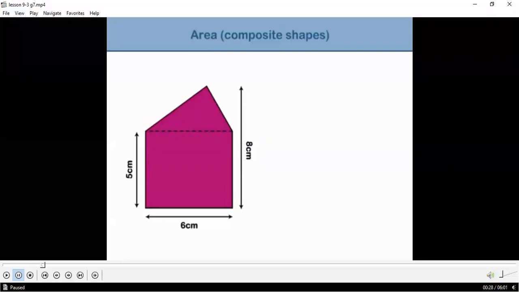The area of the rectangle equals what? Length multiply width. The area of the rectangle equals length multiply by width. And what about the area of the triangle? Half multiply base multiply height.